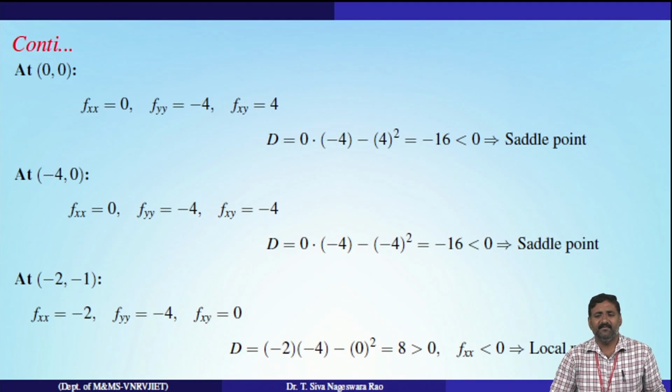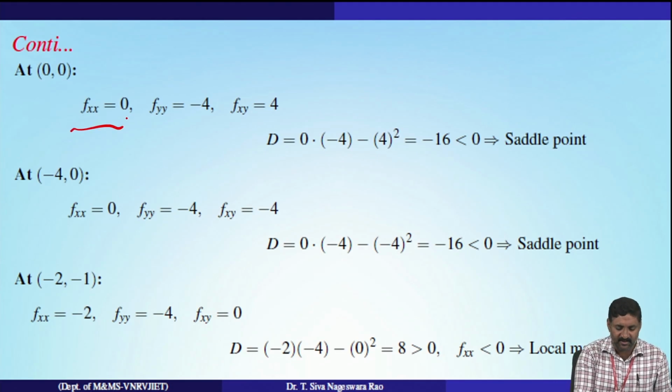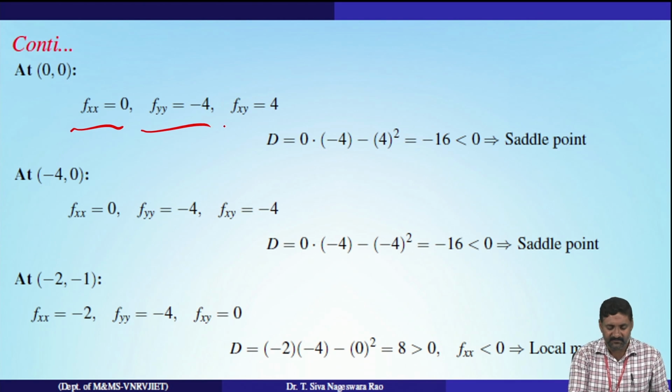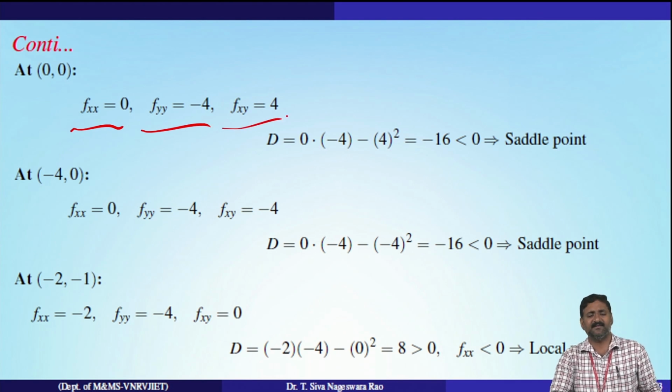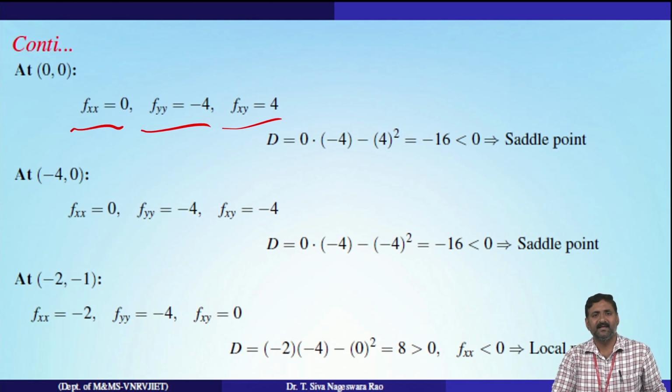Now, we have 3 points. At (0, 0), based on the second order partial derivatives, the value of fxx is 0, the value of fyy is minus 4, the value of fxy is 4. Just by substituting x with 0, y with 0 in all second order partial derivatives.